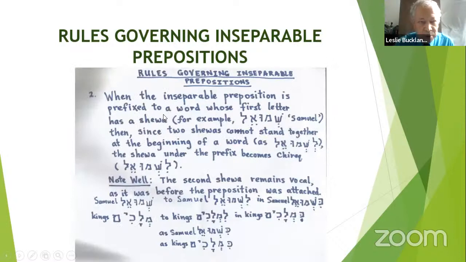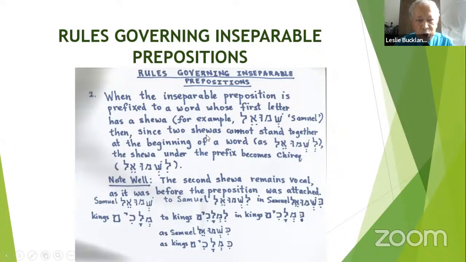Rule number two, when the inseparable preposition is prefixed to a word whose first letter has a schwa, for example, Shemuel, which is Samuel in English, starts with a simple schwa. So there is a simple schwa here in the noun itself.